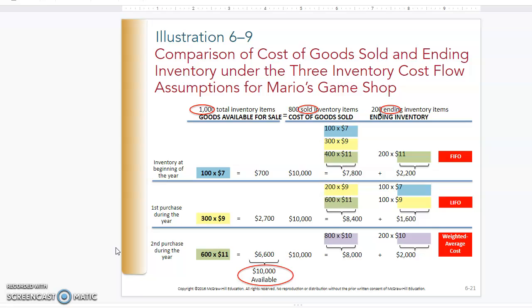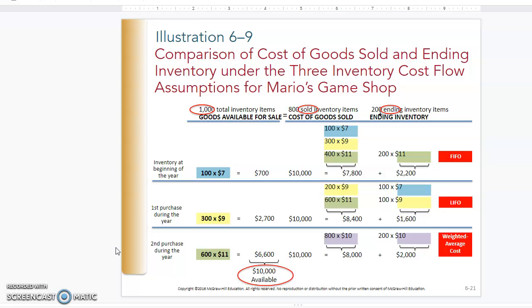Now, companies can choose whichever method they want to use, but once they do, they need to be consistent and use that same method year after year. Why? So that the year-by-year financial statements are comparable.